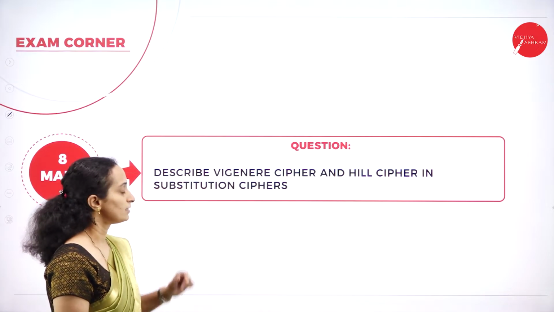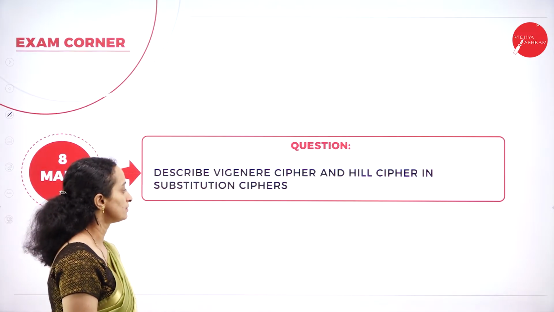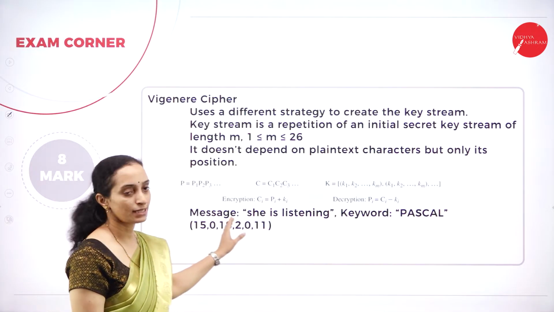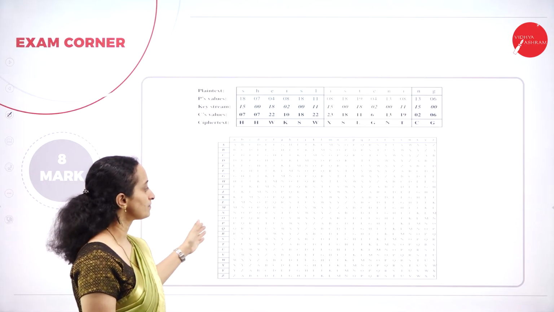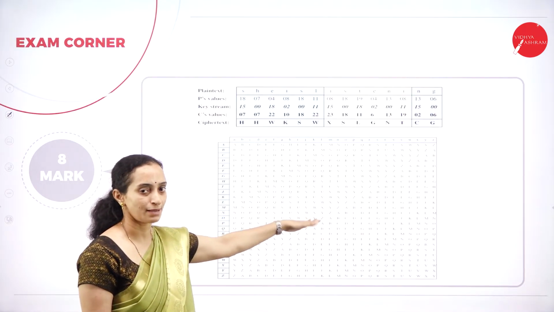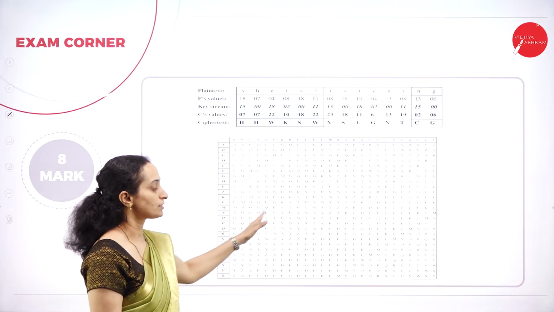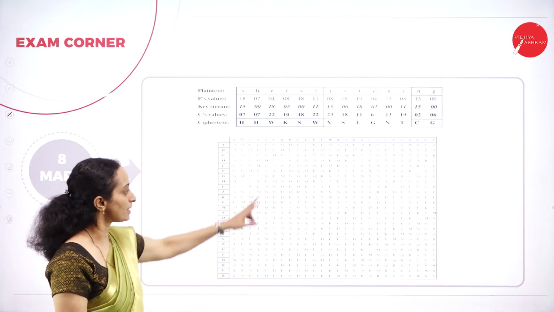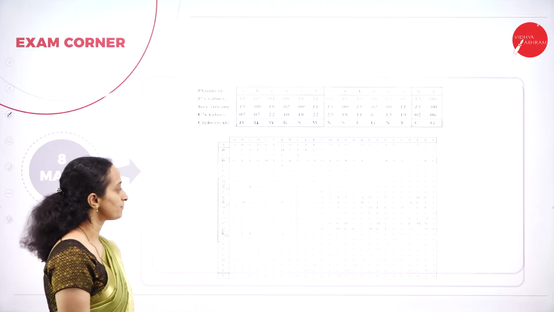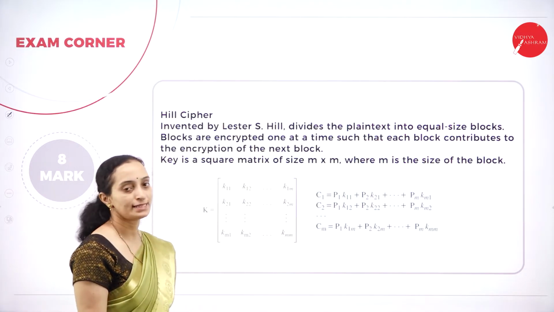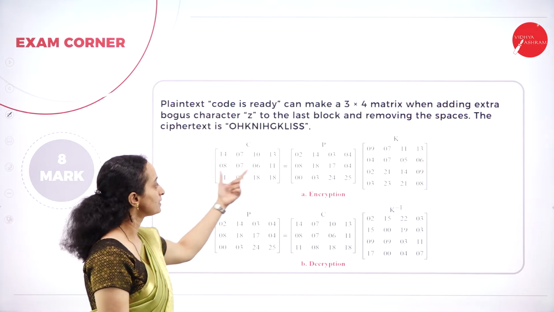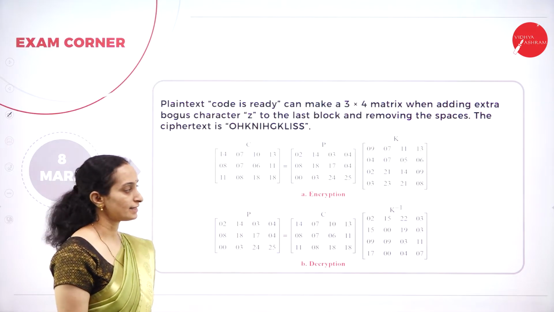Next we have the Vigenere cipher and Hill cipher. You can give the explanation like this. You need not include this table. I have just included it. It's difficult to remember this table. This is enough. Then you have Hill cipher with the matrix. Give the explanation like this.